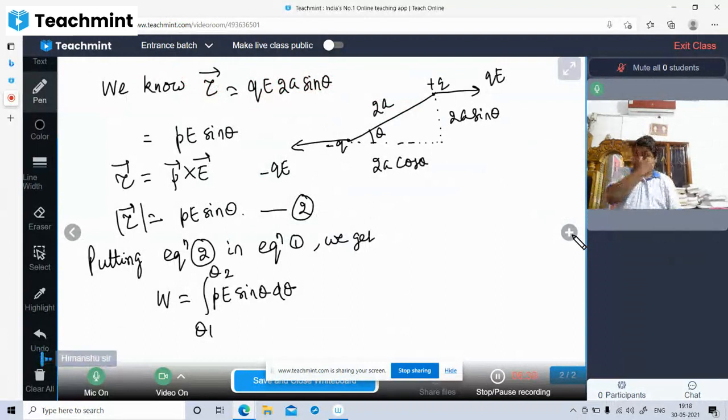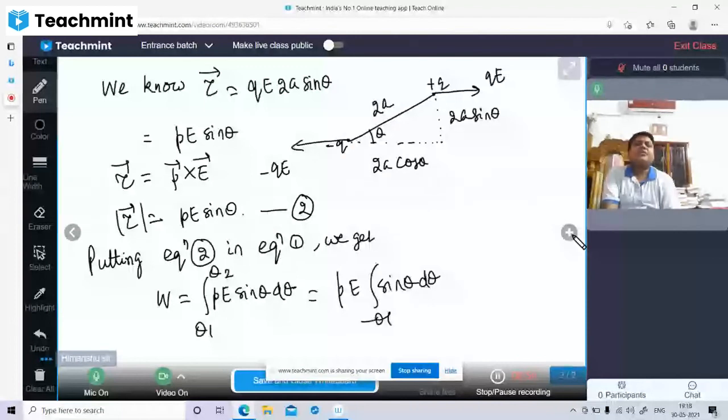The electric field is uniform, so it will come outside. P is constant because minus Q and plus Q are the charges and the distance between them is unaltered. So P and E come outside, leaving the integral of sin theta d theta from theta 1 to theta 2.